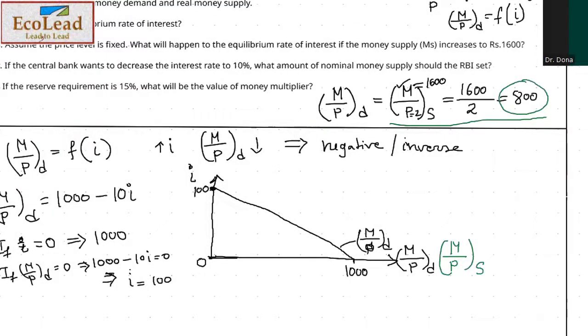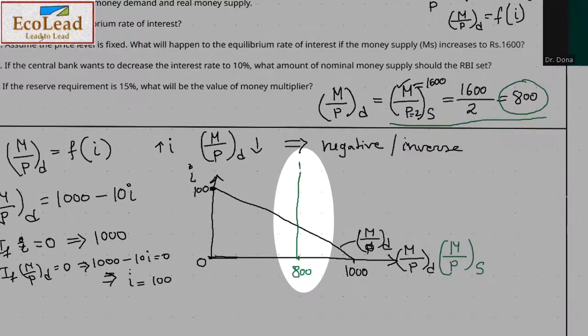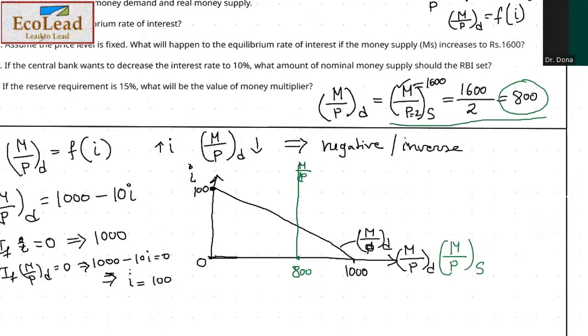So money supply will be 800 somewhere here. Now we know that money supply doesn't depend on the nominal interest rate. So it is a vertical line, perpendicular to the horizontal axis where we have measured the money supply. So the green line will be the money supply curve for our problem.